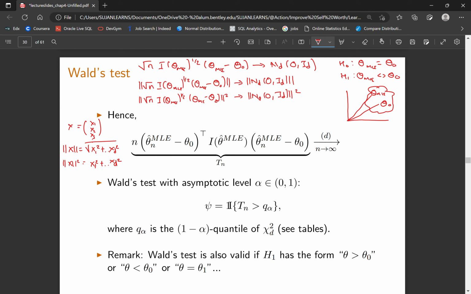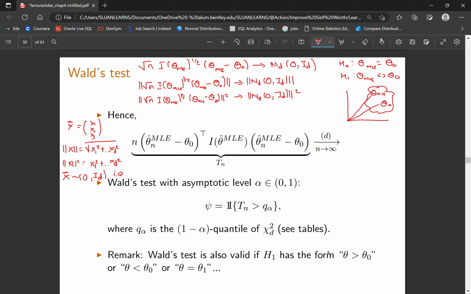Now we also know this. X is i.i.d., that is, x has a normal distribution of 0, identity of d.